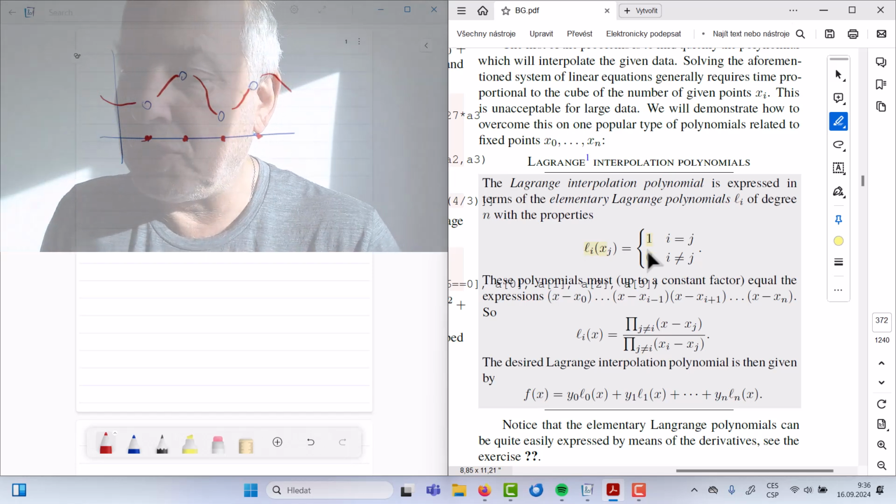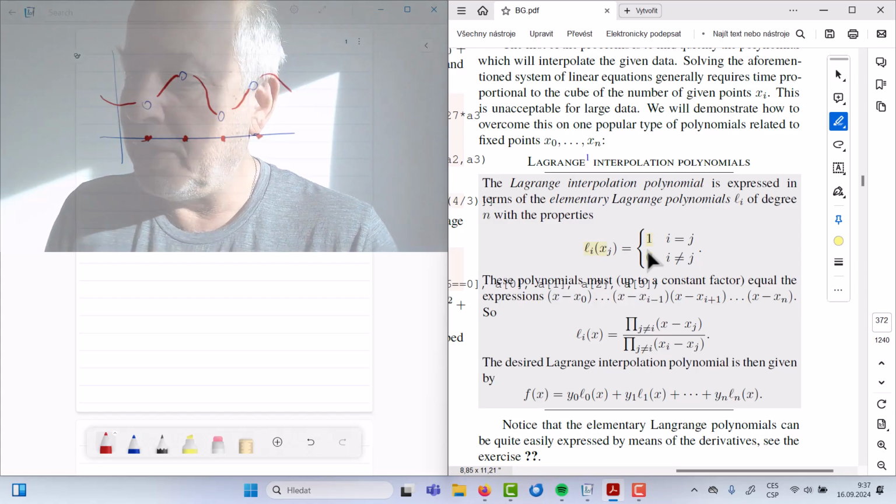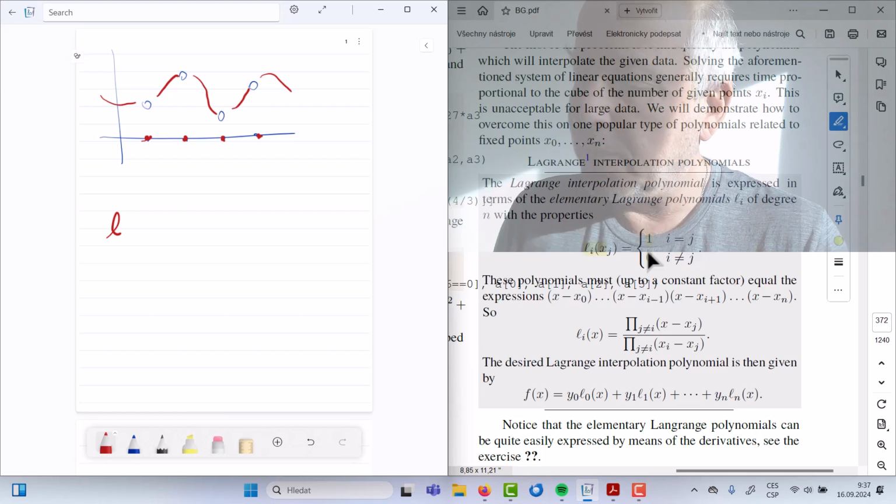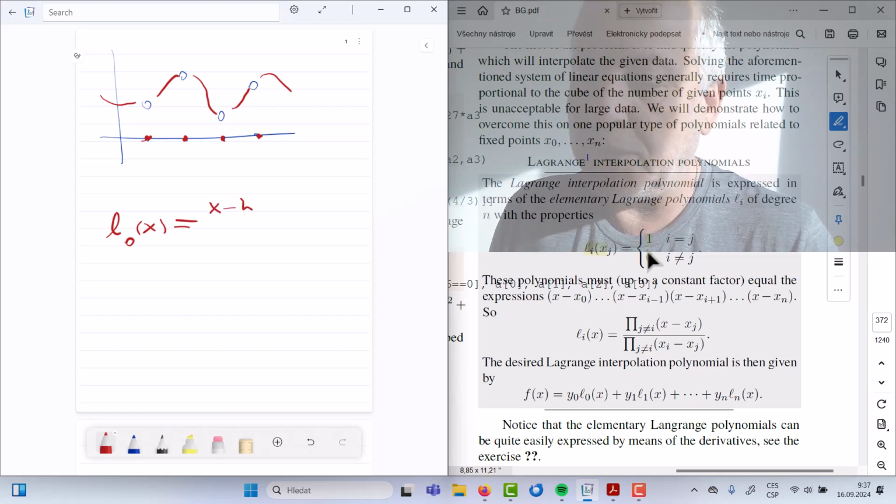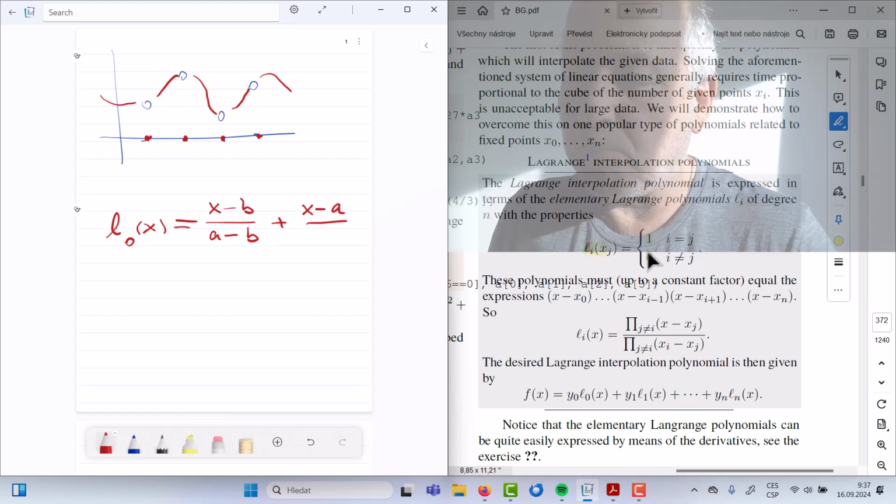Imagine we have only, say, 2 points, a and b. Then we simply write L0 of x equals (x minus b) divided by (a minus b) plus (x minus a) divided by (b minus a), right?